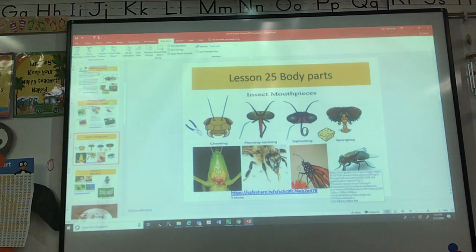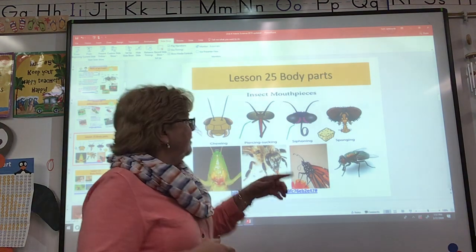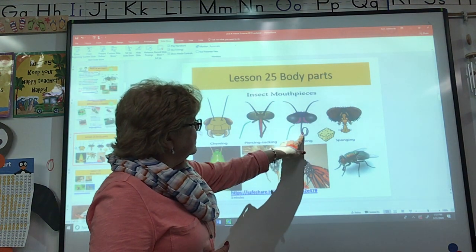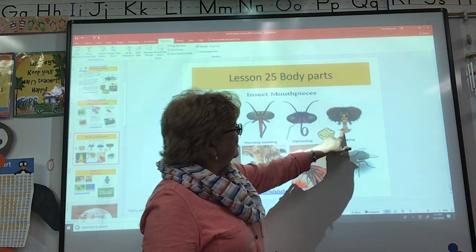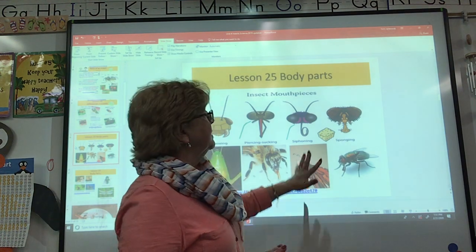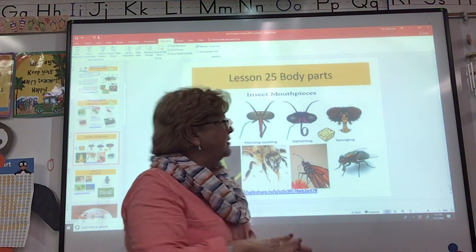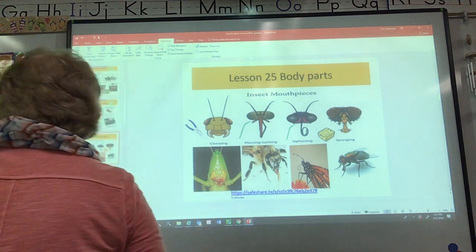And this one is called siphoning, which means to kind of suck up or take off. So this one has kind of like a straw where it siphons and it curls back up. And sponging. Look at that. Oh, I don't know if I want to ever see this guy. And he just soaks up the stuff that's around. Isn't that crazy?